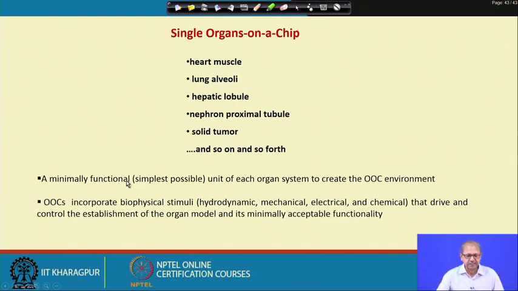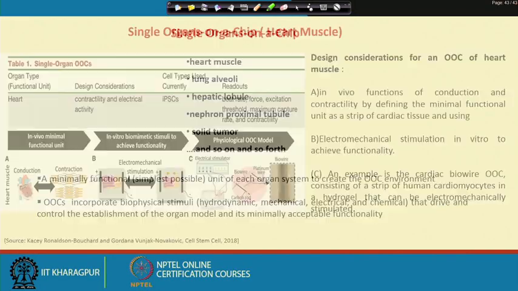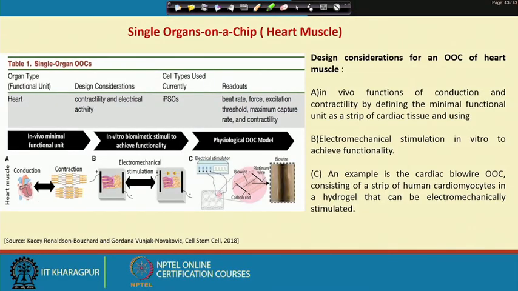This uses a minimal functional, simplest possible unit of each organ system to create the organ on chip environment, the so-called microenvironment, with incorporation of biophysical stimuli like hydrodynamic, mechanical, electrical and chemical cues that drive and control the establishment of the organ model and its minimally acceptable physiological functionality. We shall be discussing some of these models, first coming to the heart muscle for organ on chip development.